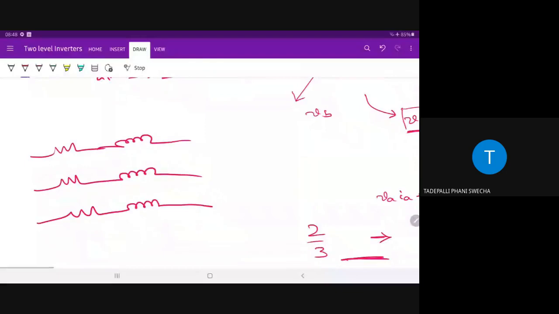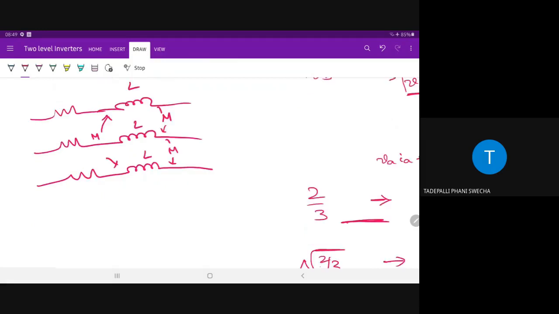So assume this is L, this is also L, this inductance is L. Normally in a transmission line, the lines are usually very close to another phase. Therefore, there is some mutual inductance between A phase and B phase. Is it clear?